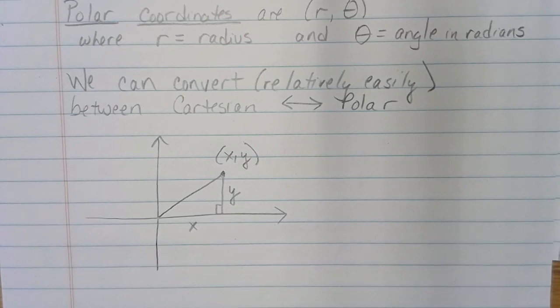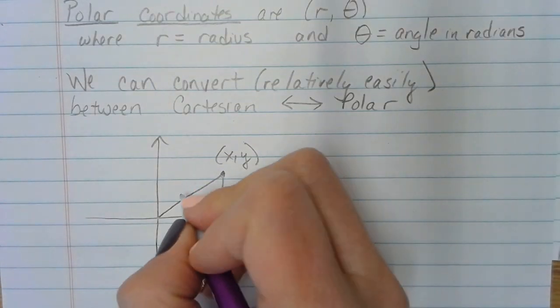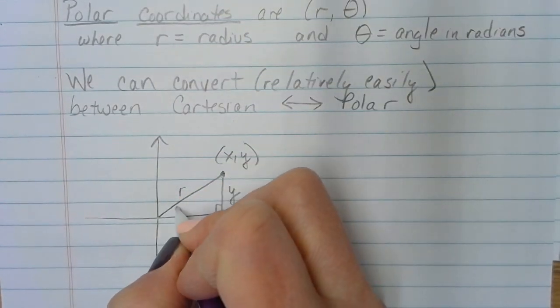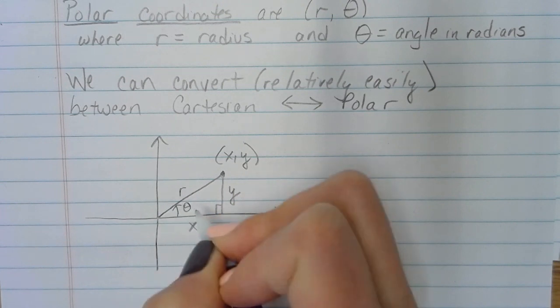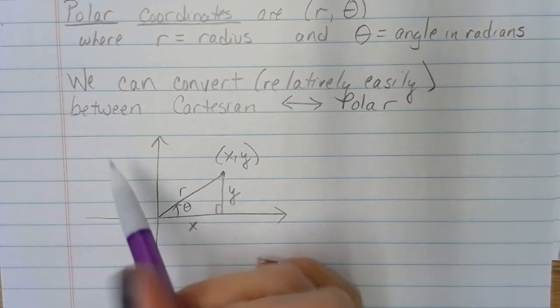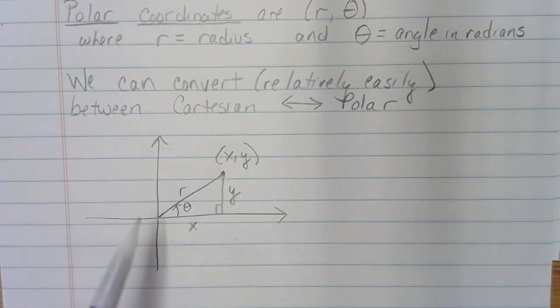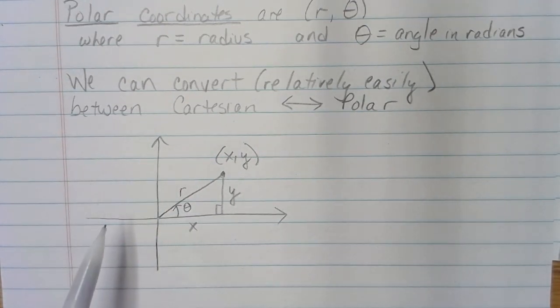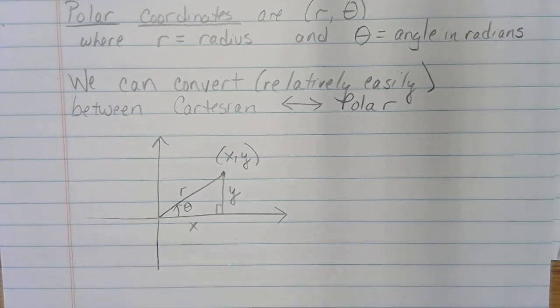Those are the two legs of a right triangle. This is my angle theta. No matter where the point was, I could have graphed the point here in quadrant 2. I could still draw a right triangle. Same thing for quadrant 3, quadrant 4, like we talked about last week.